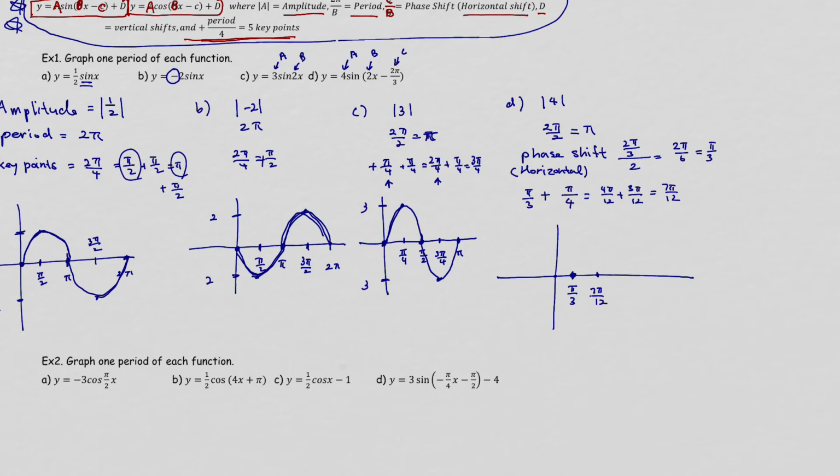And let's add pi over 4 again. And we know pi over 4 is equivalent to 3 pi over 12, right? So when we are adding 3 pi over 12, that's going to be 10 pi over 12. So that will be the next point. And if you want to, you can reduce that, which is going to be 5 pi over 6, right? And you're going to add another.